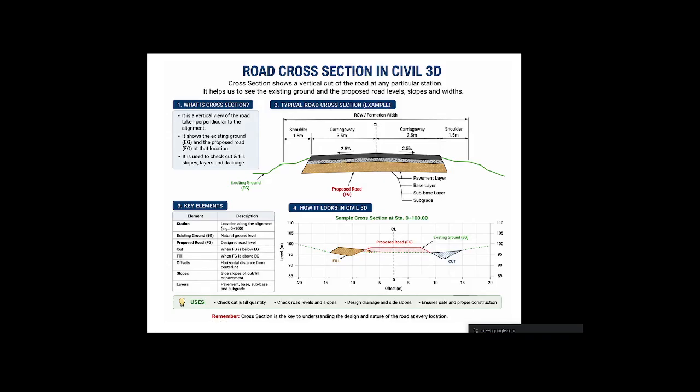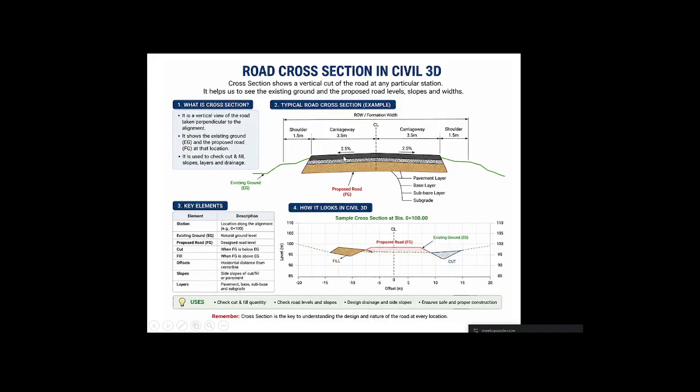Now look at this image here. You can see a green line that represents the existing ground, EG. This is the natural ground before any construction starts. Then the black road surface.